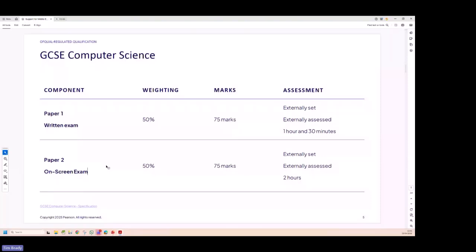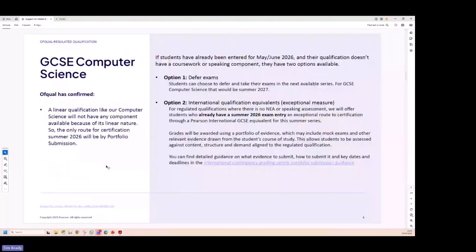So on this slide here, you can see that this linear qualification is, for centres that are impacted like yourselves, going to be certified. The only route for certification this summer will be through submission of a portfolio.